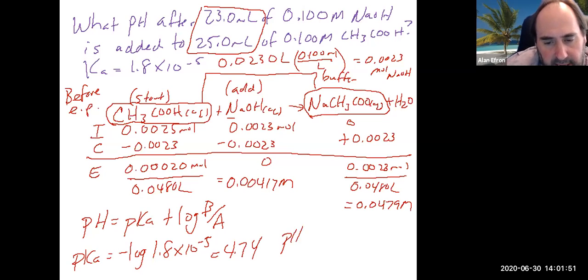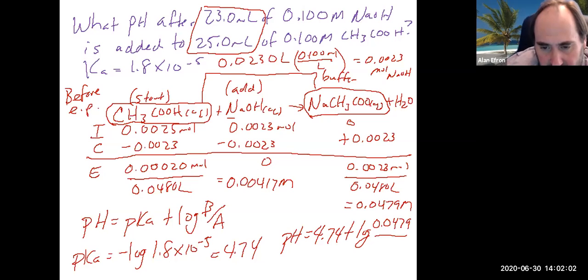That means that the pH would equal 4.74 plus the log of our base, which is our sodium acetate, 0.0479, divided by our acid, which is our acetic acid, obviously, 0.00417. And if you do all that, maybe like a pH of 5.80.